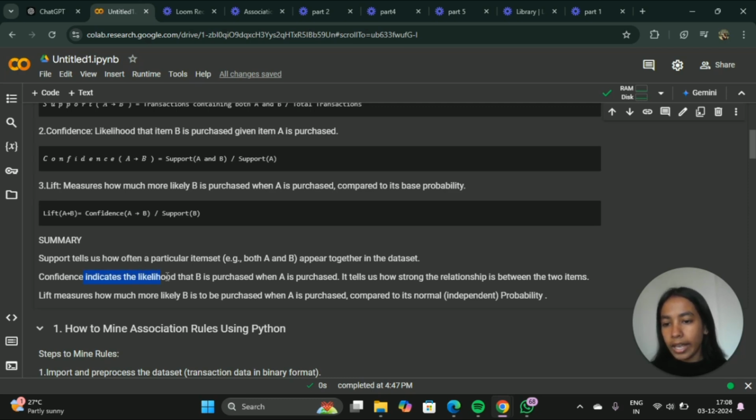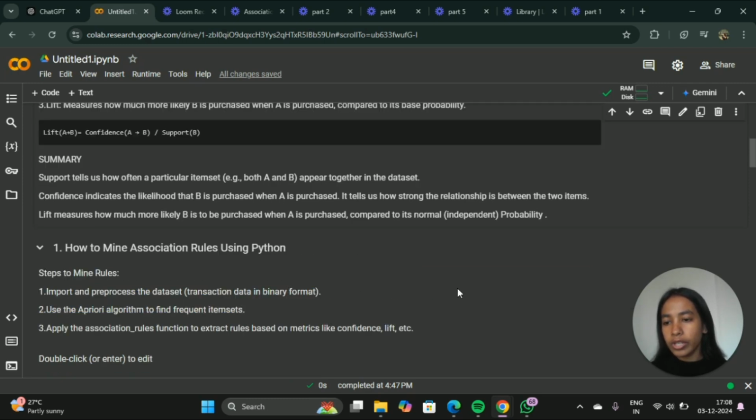Confidence indicates the likelihood that item B is purchased when item A is purchased. It tells how strong the relationship is between the two items. Lift measures how much more likely B is purchased when A is purchased compared to its normal probability.